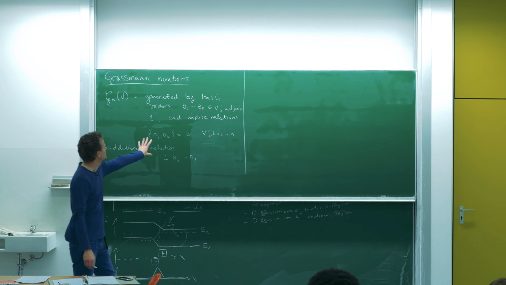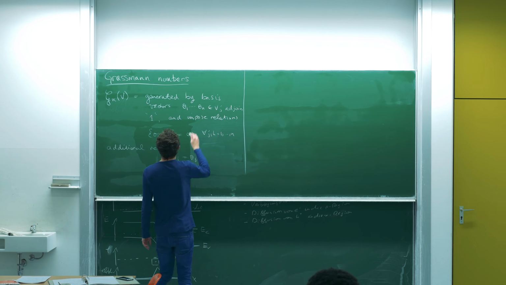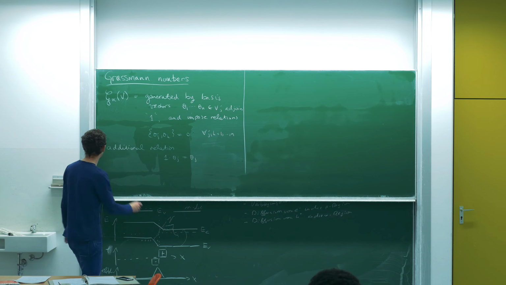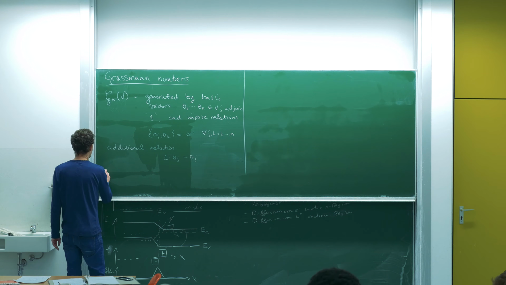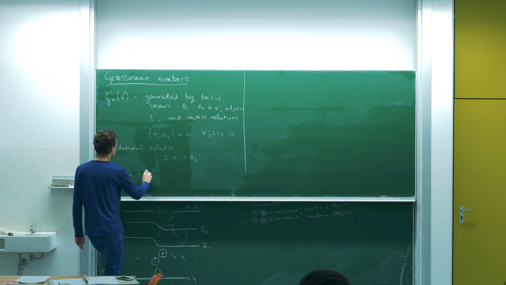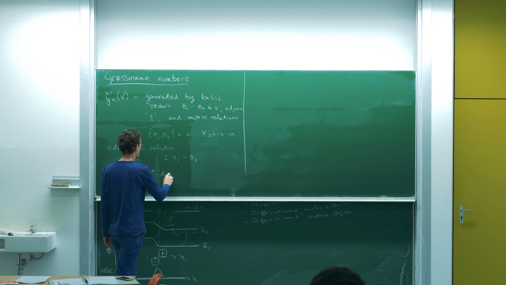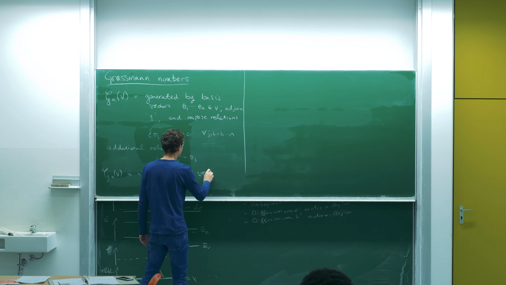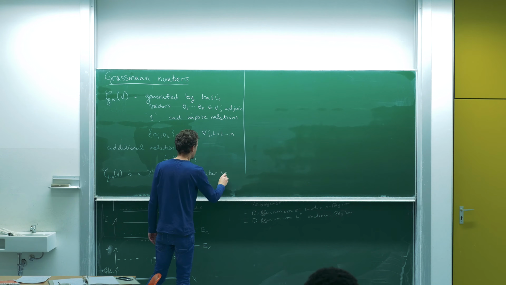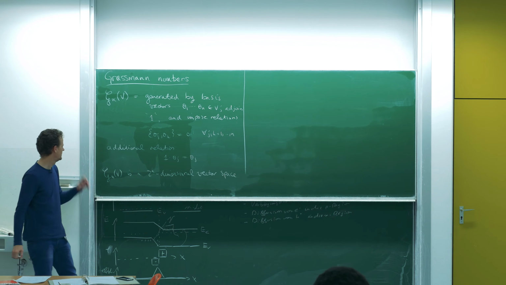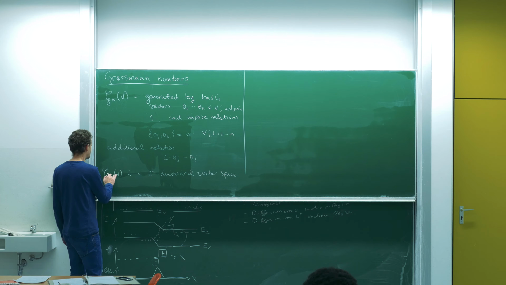And then once you do this, you get a new vector space, which is 2 to the n dimensional. So G_n V is a 2 to the n dimensional vector space.